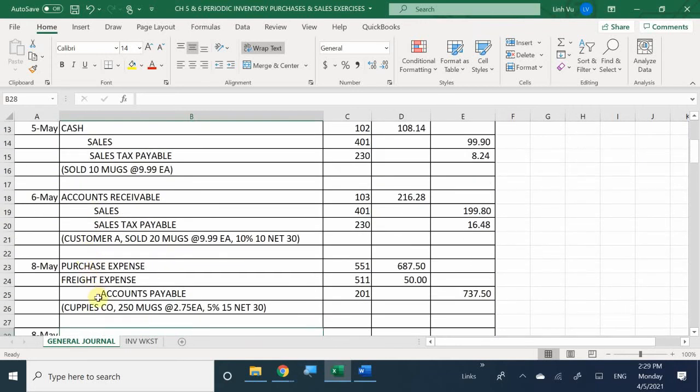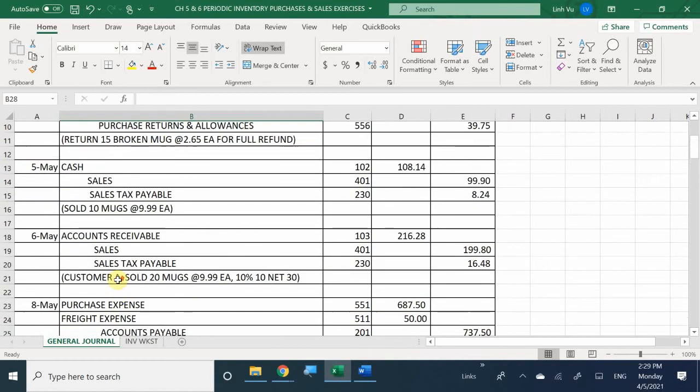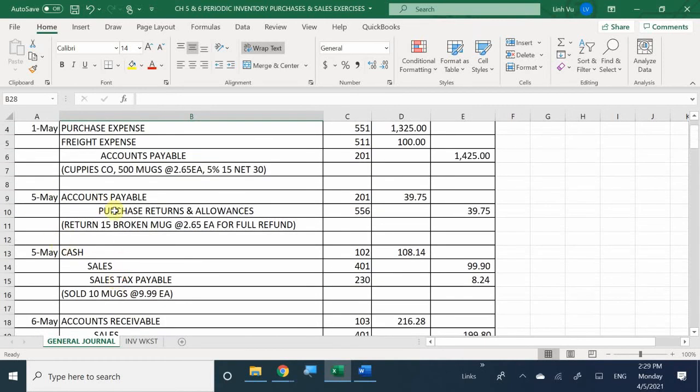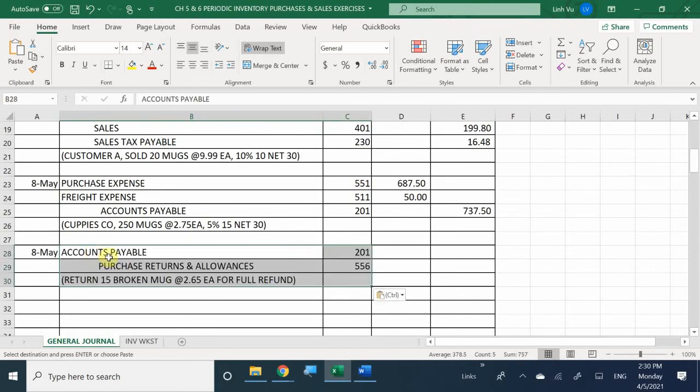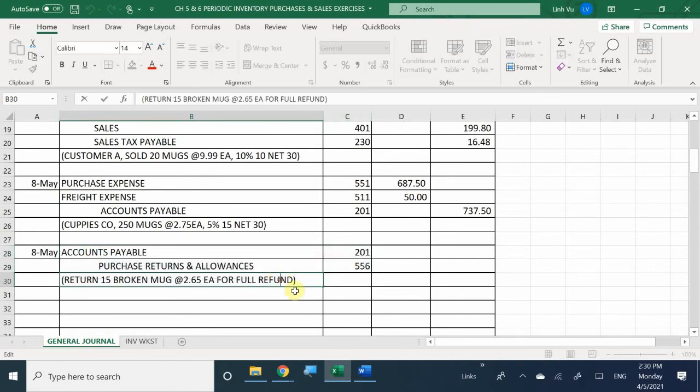It's the allowance. So let me see. Let me go up here. Copy this right here. Okay. And we're going to fix this real quick because we did not get a full refund.